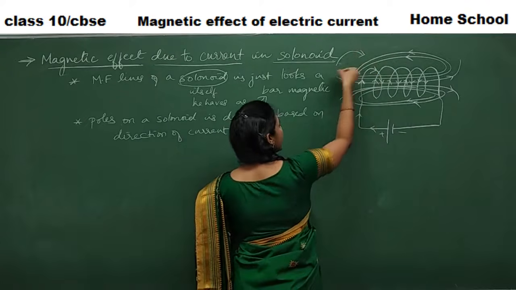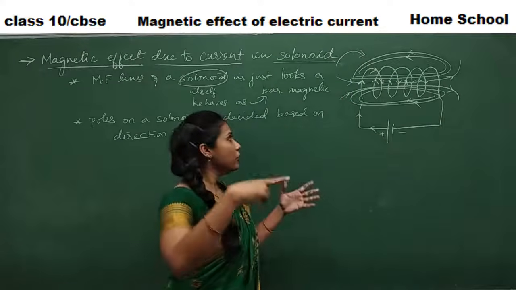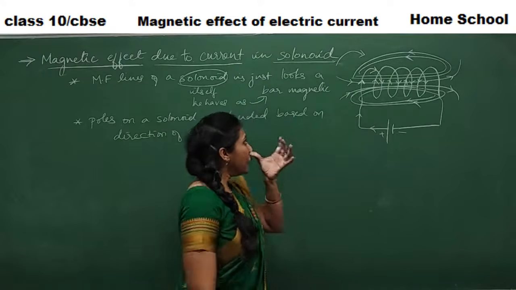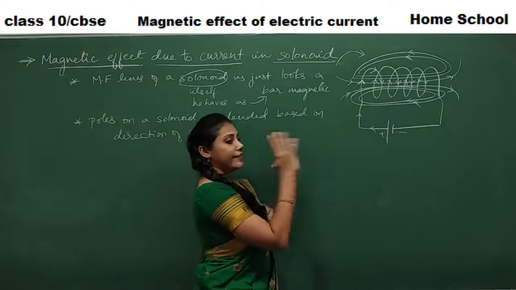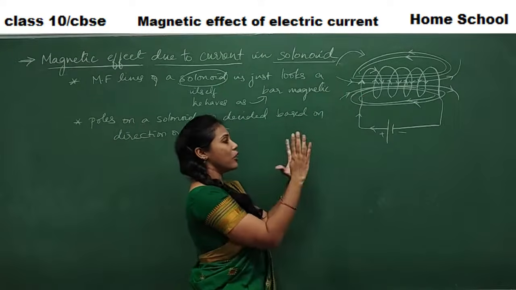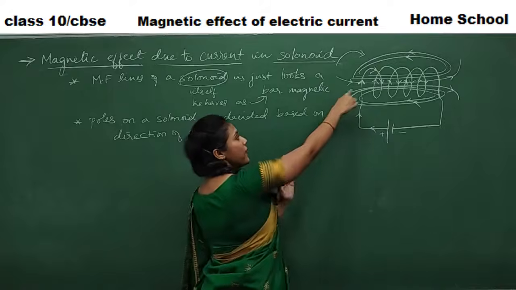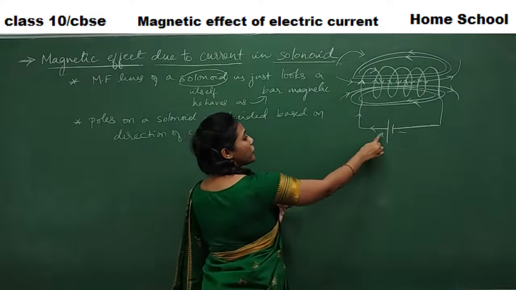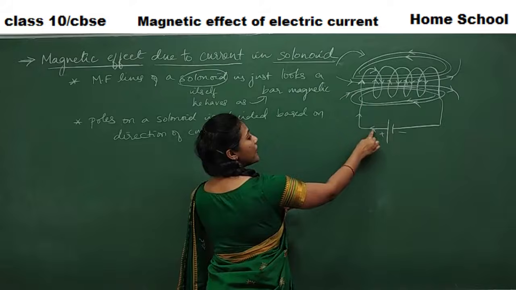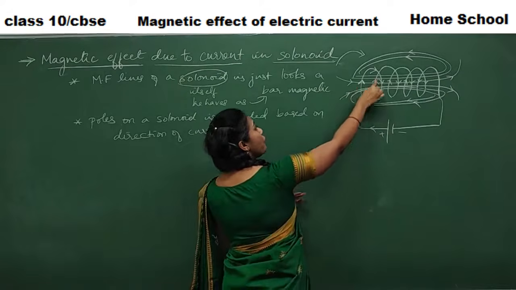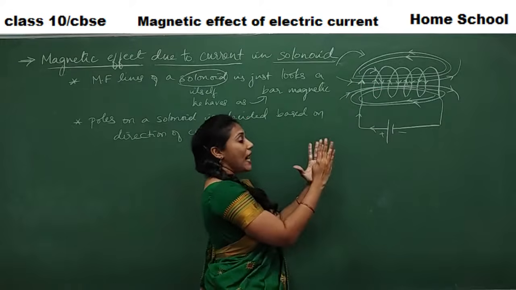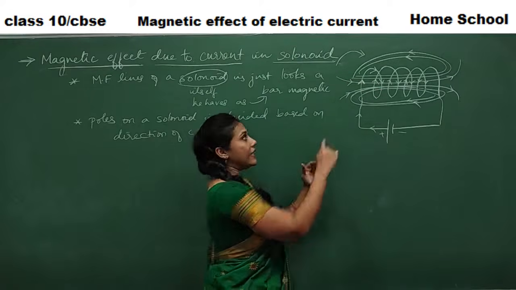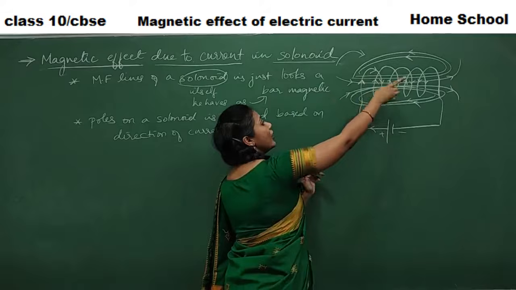If it is moving like this, like a clock, it is called clockwise. Imagine I have a solenoid at this angle and I'm standing here and watching. If I watch from the positive terminal side, where current is flowing, I can clearly find that current flows in a clockwise direction.